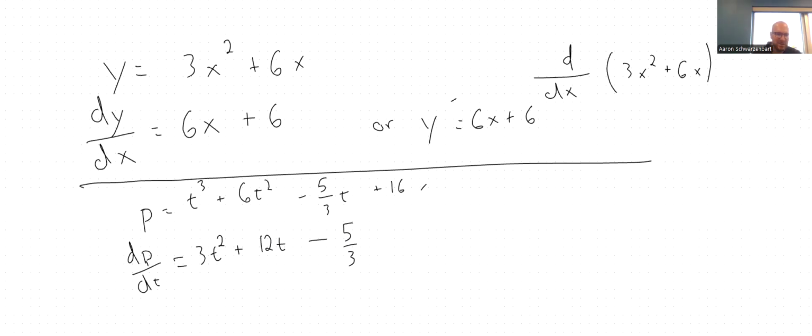This is like x to the 0, so that's like plus 0 times 16 x to the negative 1. And I just keep subtracting over exponents. 0 times anything is 0, correct? So all constants, 16, have a derivative of 0. Still very easy, isn't it?